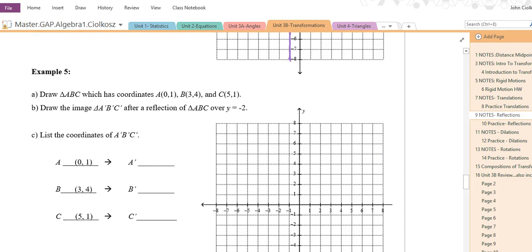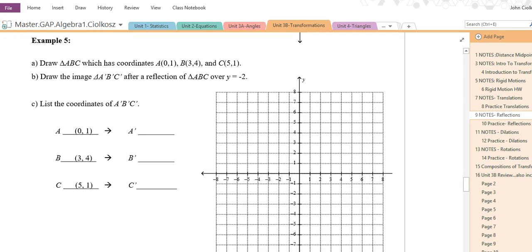Okay, for our last example for this set of notes, let's go ahead and plot our triangle again. And this time we're going over y is equal to -2. So that's a horizontal line. So -2 horizontal line.